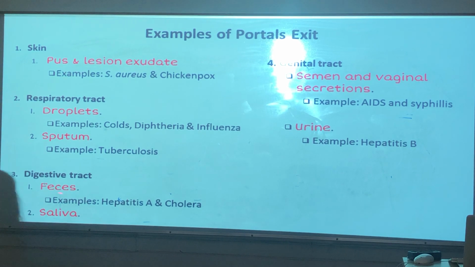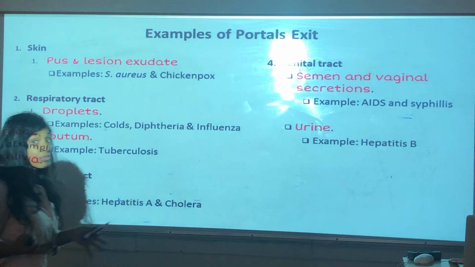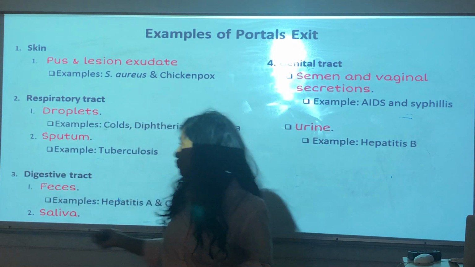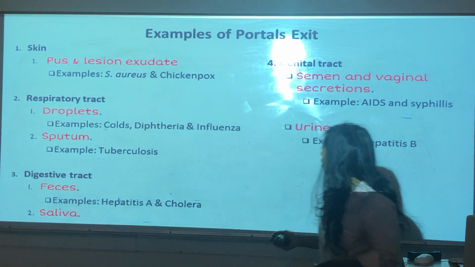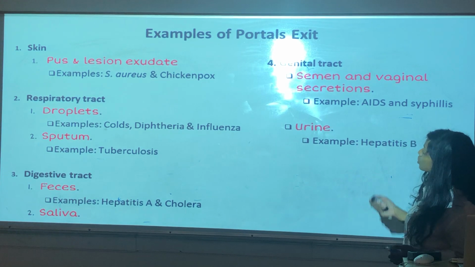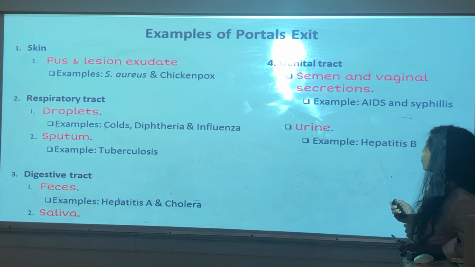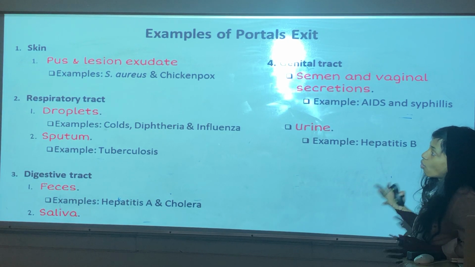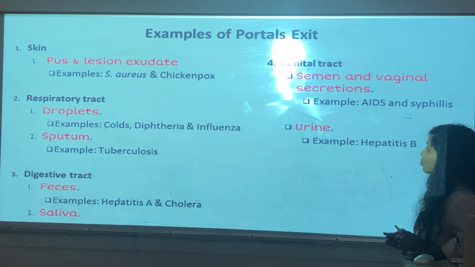If they enter through the digestive tract, chances are they'll leave through the digestive tract, in feces or saliva. And if they enter through the genital tract, they'll leave through semen, vaginal secretions, or urine. Depending on the organism, they'll leave in different ways.